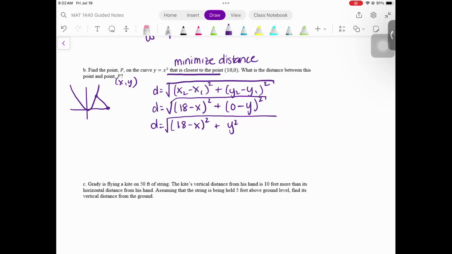But this is where our constraint comes in. We know that y is equal to x squared. This is our constraint. So I'm going to use this to substitute into my distance formula for that y.